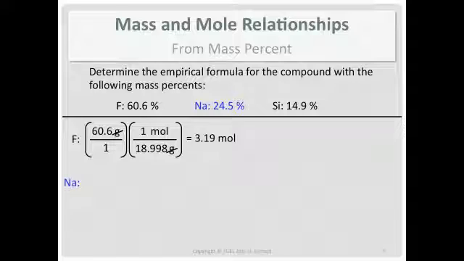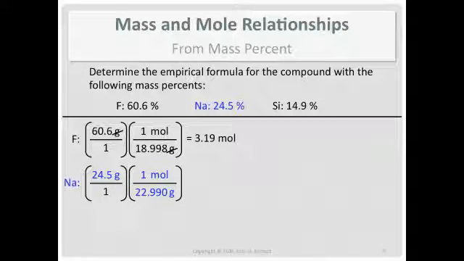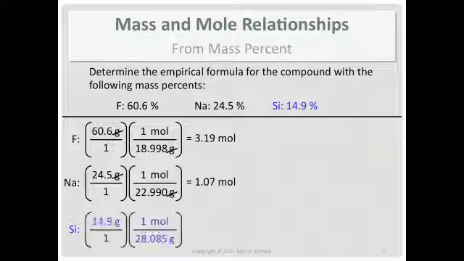Let's keep going. Do the same thing for sodium. And do the same thing for silicon. Again, using the molar mass of silicon from the periodic table.